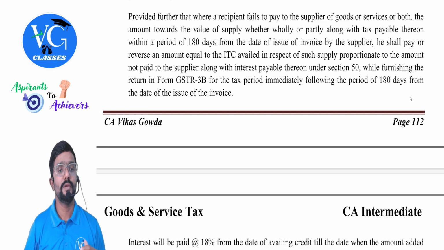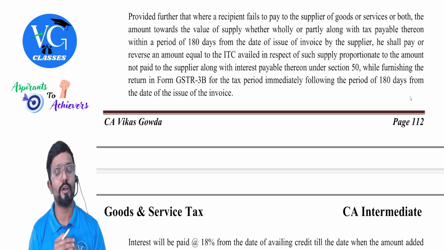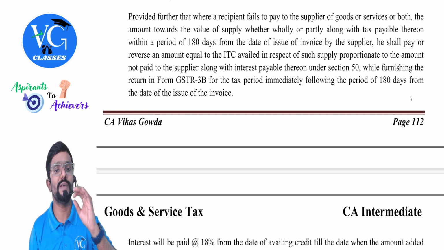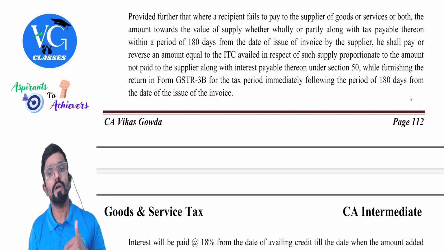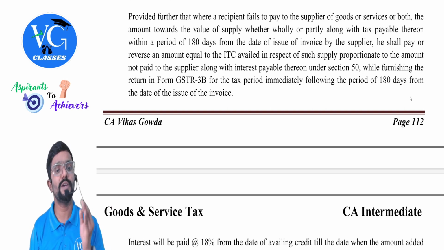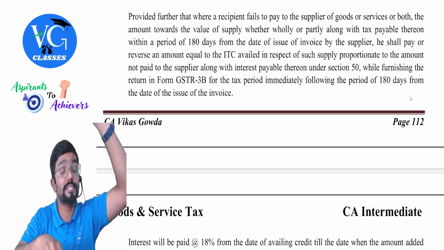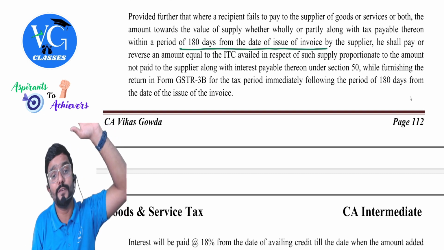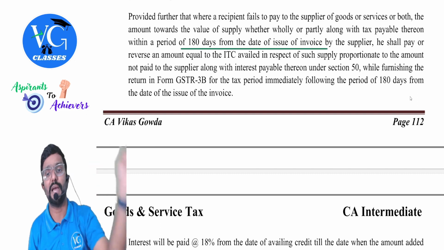Proviso. Provided further that where a recipient fails to pay to the supplier of goods or services or both, the amount towards the value of supply, whether wholly or partly, along with the tax payable thereon, within a period of 180 days from the, guys, 180 days is from when? Please be careful. 180 days from the date of issue of invoice by the supplier.